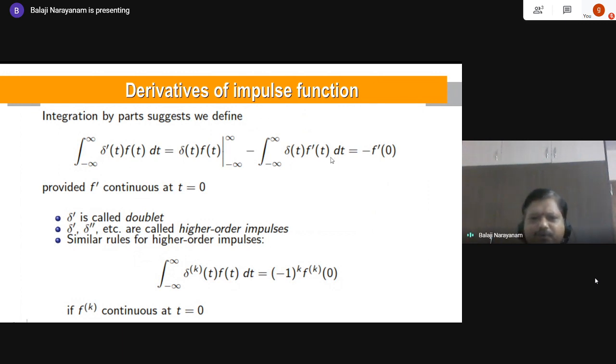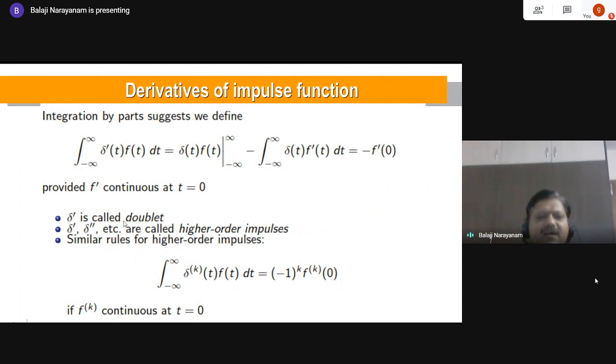And if we substitute and you take the property of integral minus infinity to infinity del of t, the value is unity as per the special property of your impulse function. So if you substitute those things, you are going to get here the first derivative value as minus f dash of 0, first derivative of impulse, provided f dash is continuous at time t is equal to 0.